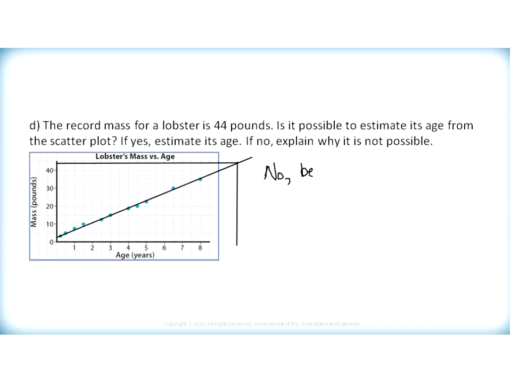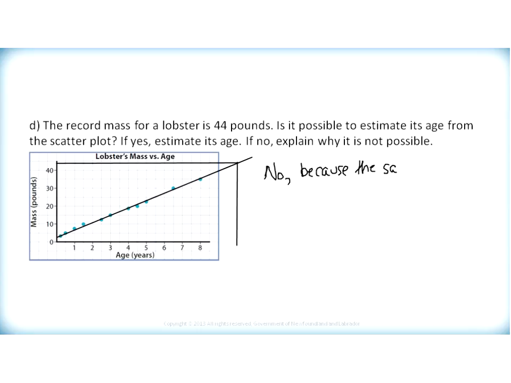No, because in this case, we're well off our graph. We're well off our scale. We'd have to do a lot to get a value here. If we had just drawn our scatter plot bigger to begin with, we would have no problem.